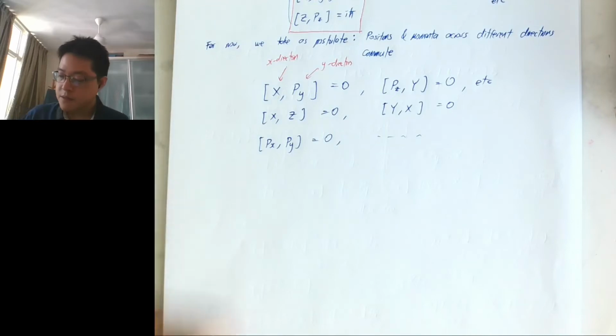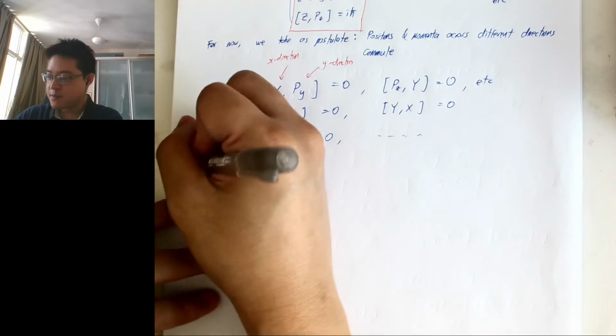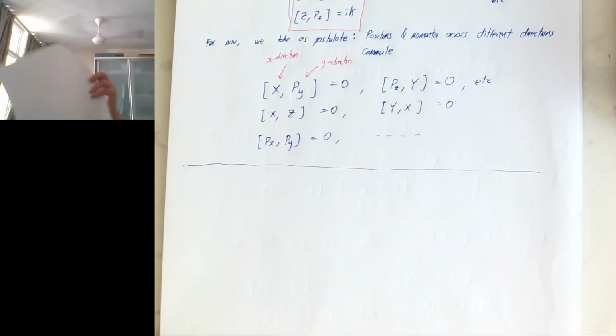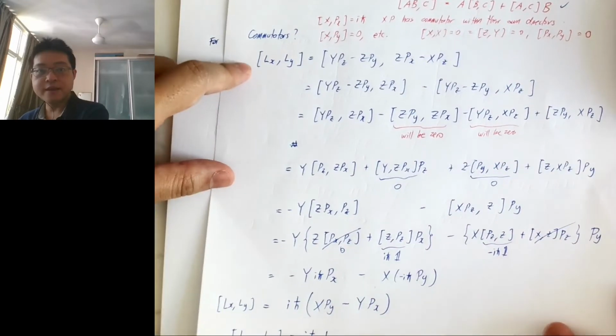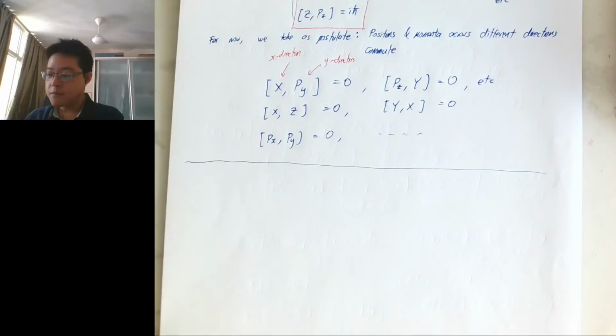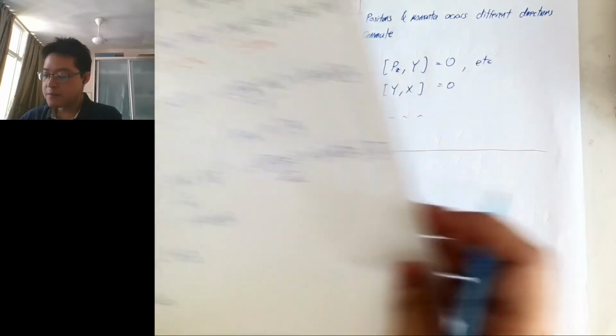Okay, so we have just done this computation. This is just a brief reminder of formulas. What we have just done was derive the commutator of Lx with Ly, and this equals this.